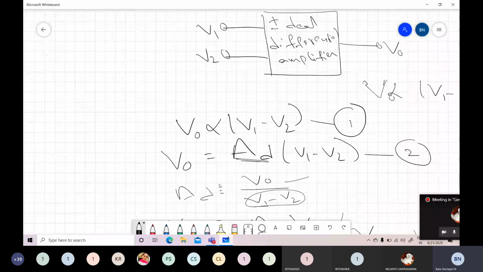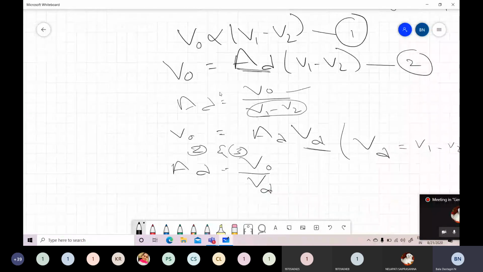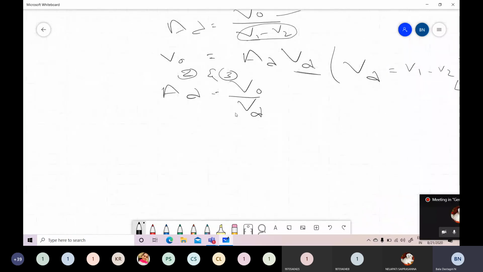So V0 is proportional to V1 minus V2, where V0 is equal to AD into V1 minus V2. AD is the proportionality constant, and we are taking VD is equal to V1 minus V2, the differential input voltage between the two terminals. From this, we can derive AD is equal to V0 by VD.